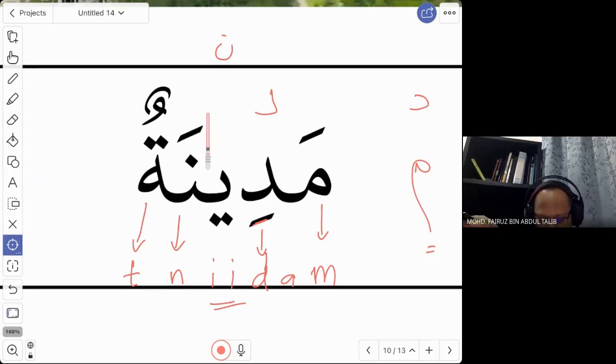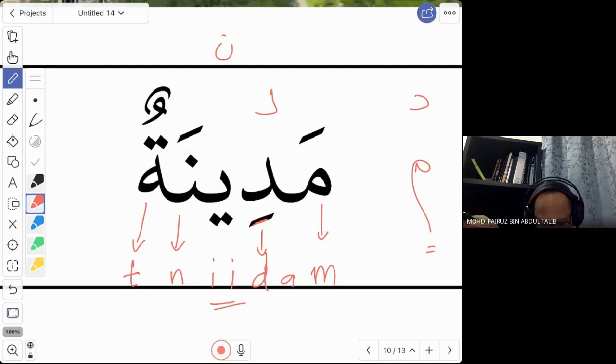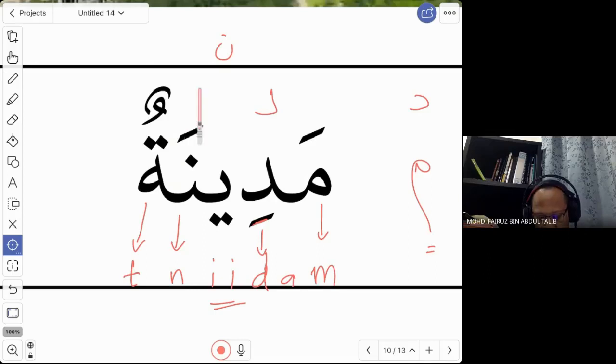Okay, now the next letter is the nun. You have this fathah. What is the vowel here? No, this is not sukun. Sukun is the round symbol. This is similar to this. The fathah, yes. So what is the sound of a fathah?